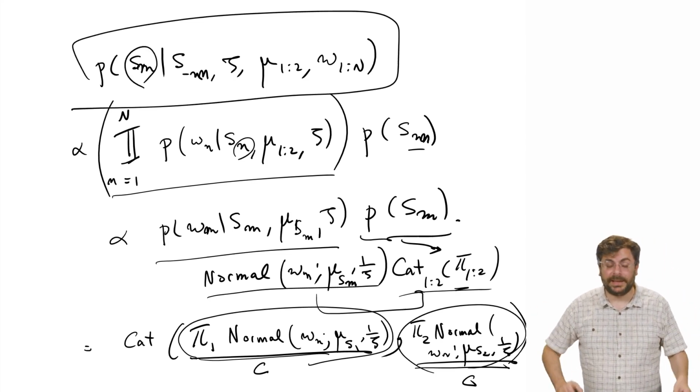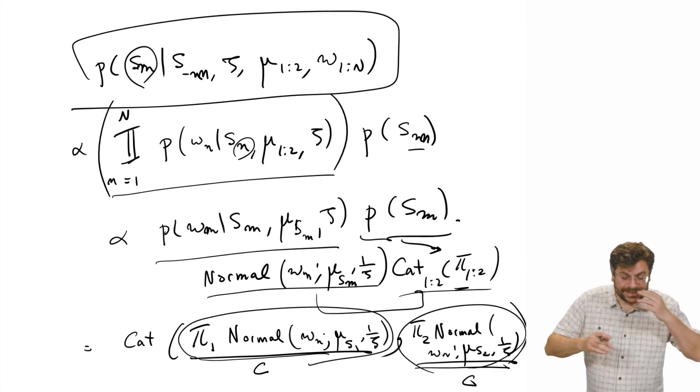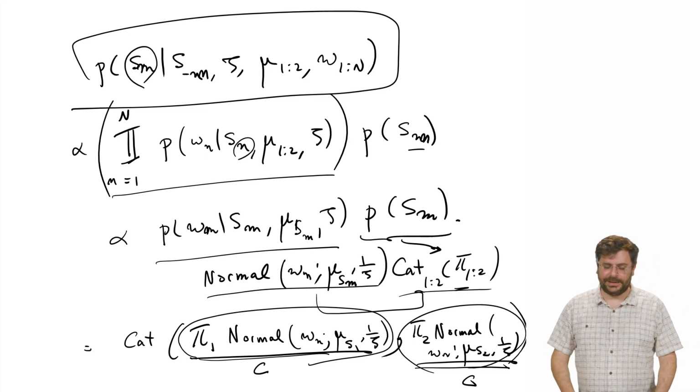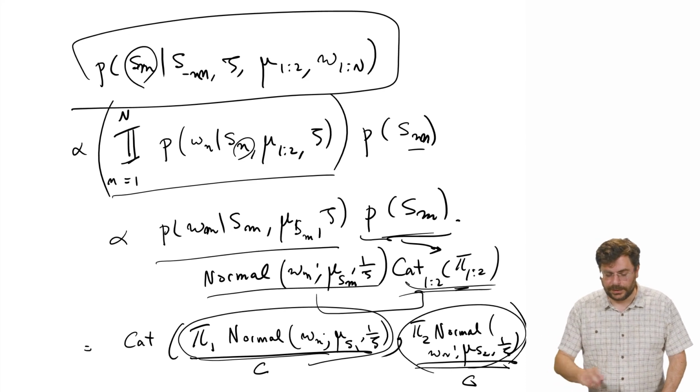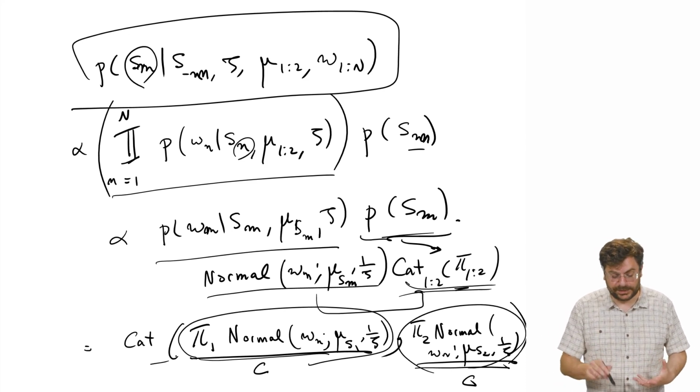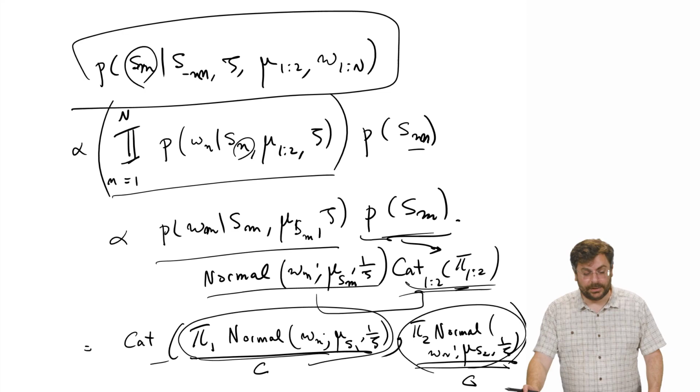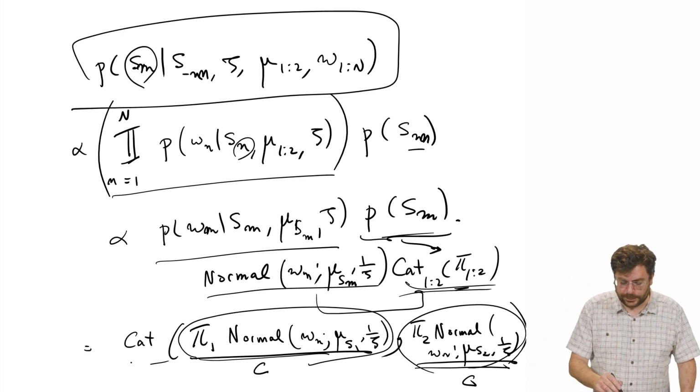So it's another plain old categorical. It turns out that without specifying it explicitly, by virtue of having a categorical, we have a posterior which is still categorical, and therefore was conjugate. So this distribution is now straightforward to sample from.